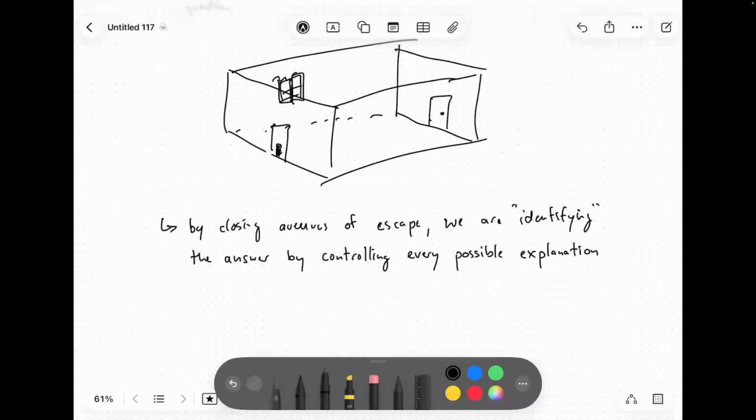Okay, and here is an important principle: can we ever really control for every possible explanation? No, right? And so you have to think about what's plausible. And this is where a lot of the art of deciding and controlling things comes into play, right?